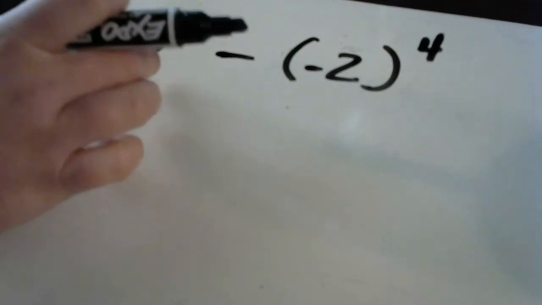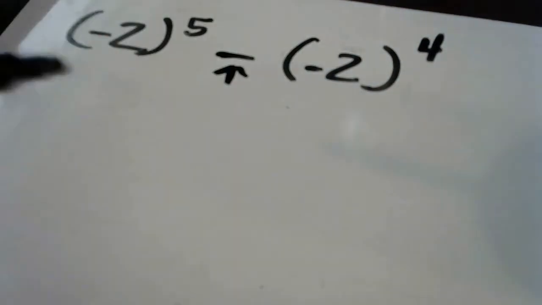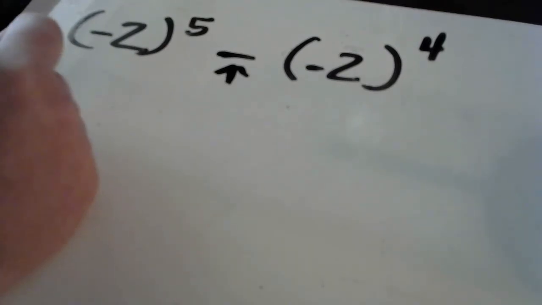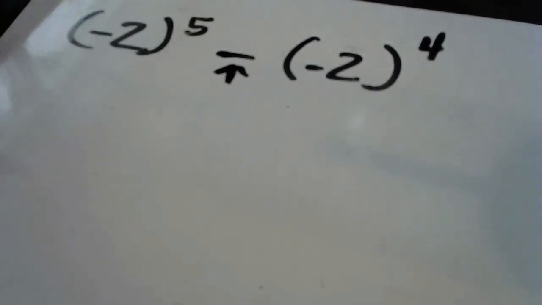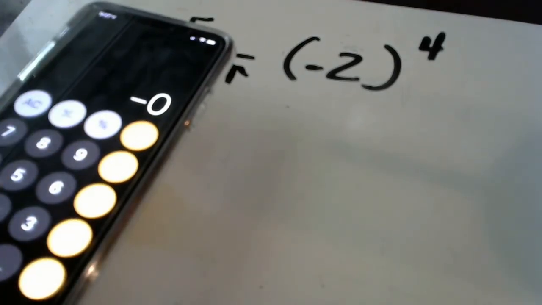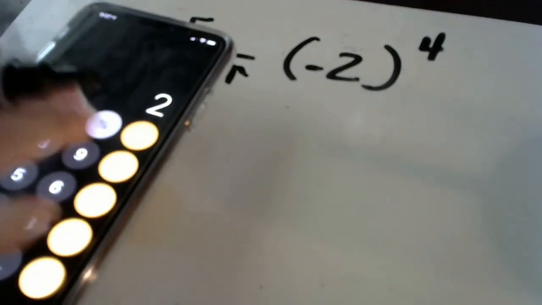Okay. Now, I cannot combine the 4 and the 5. I can't do that because I'm subtracting in the middle, okay? So -2 to the 5th power is basically writing down -2 5 times. But I have my calculator. So if I do -2, and see, it did not take the negative.